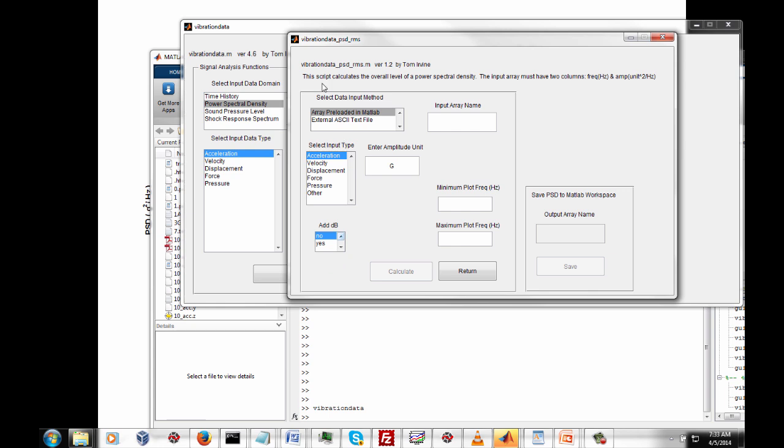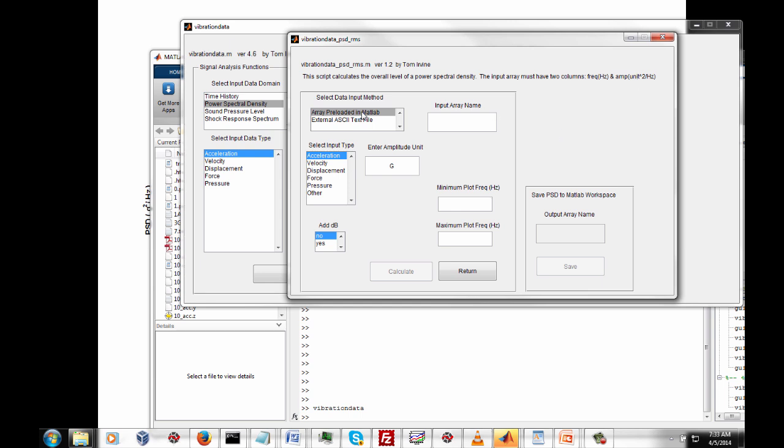And let's see, what does this do? This script calculates the overall level of a power spectral density, and this assumes that the power spectral density is in log-log format, as would be the case in a test specification. The input array must have 2 columns, frequency in Hertz, and amplitudes in units squared per Hertz. Typically, units will be in G.